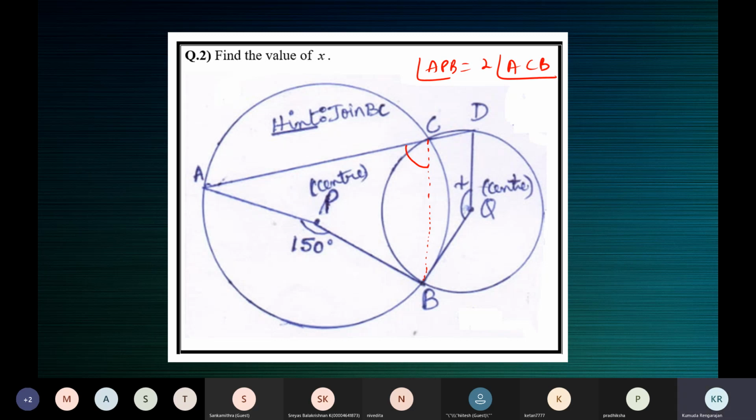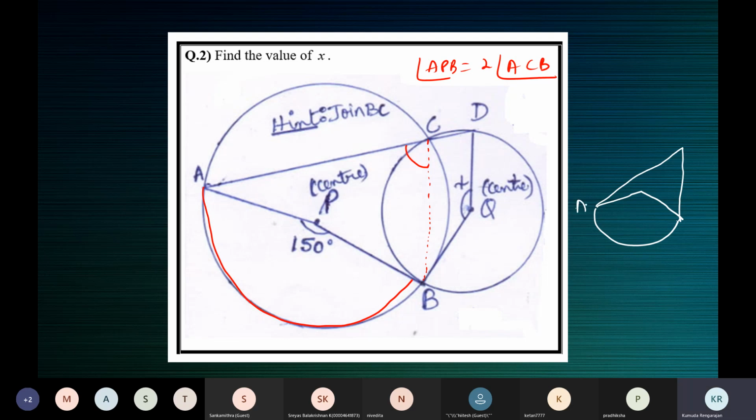See, this arc only makes both the angles. Here, this arc AB makes APB at the center. The same arc makes ACB like this.